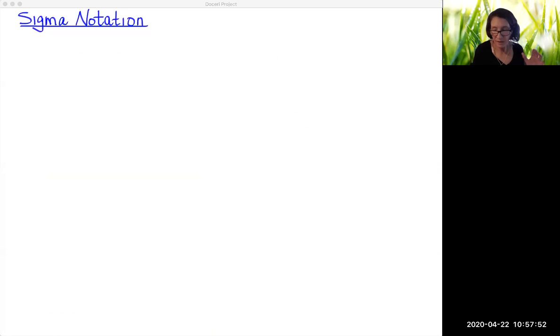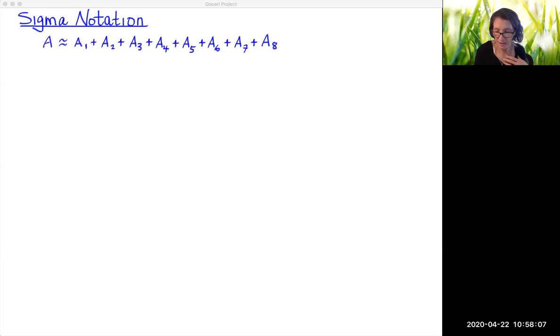So sigma notation is just an abbreviation. It's shorthand for doing a finite sum where we don't have to write out all the terms. Some of you may have seen this before.